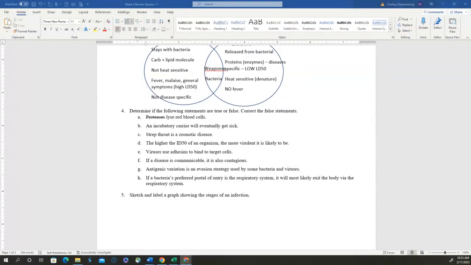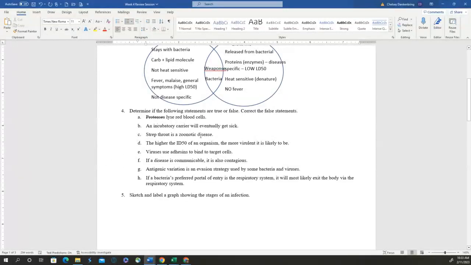They're asymptomatic forever. Incubatory carriers are only not sick during that initial incubation period, but eventually they'll hit the other parts of the curve that we'll talk about soon, and they will get sick. So asymptomatics do not get sick. Incubatory carriers will eventually get sick.